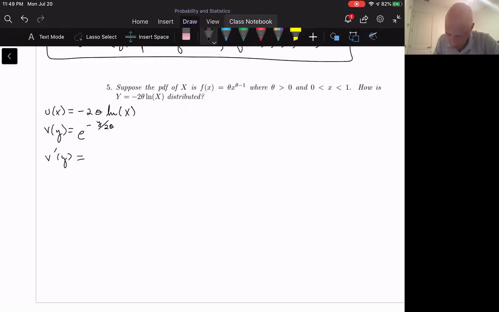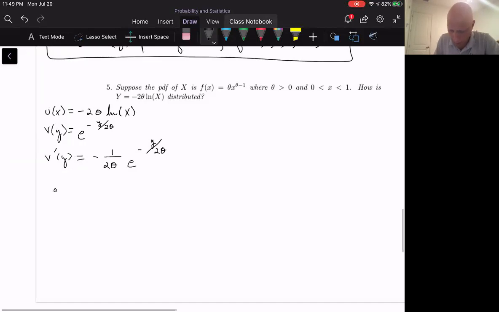All right, good. Yeah, so you got negative 1 over 2 theta e to the negative y over 2 theta. So that is your derivative.